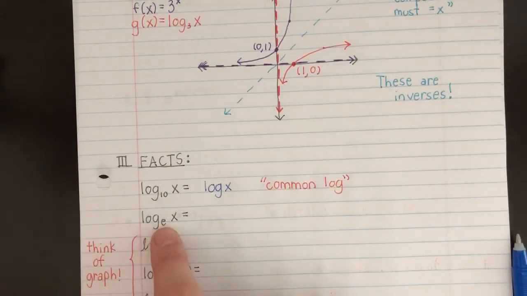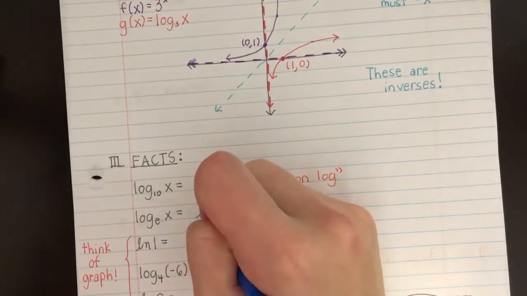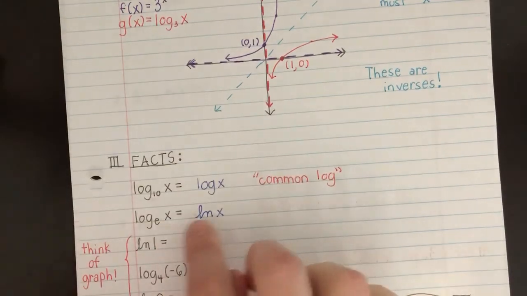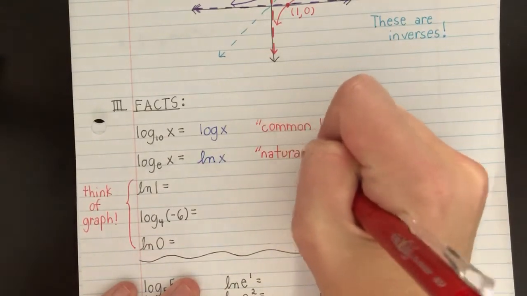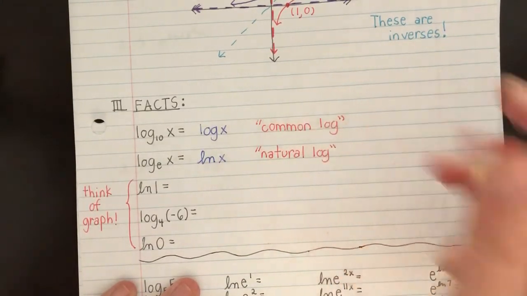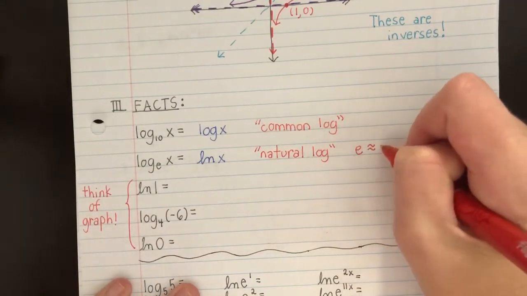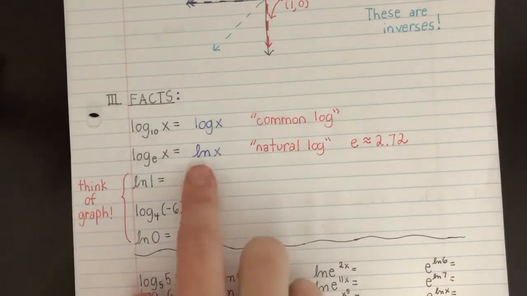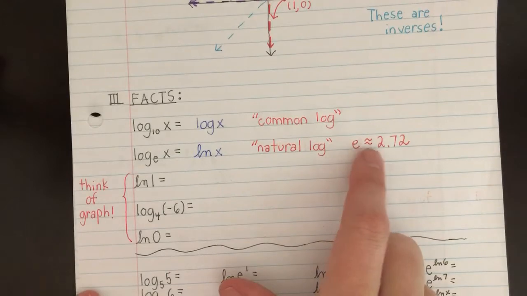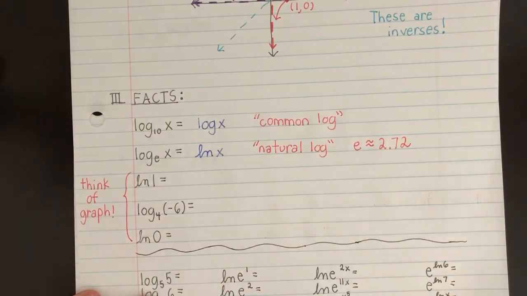Okay, log base e of x, remember that that is our natural log, ln of x. And remember that e represents a value of approximately 2.72. e is kind of like pi. It's a letter that holds an approximate value, and in this case 2.72.